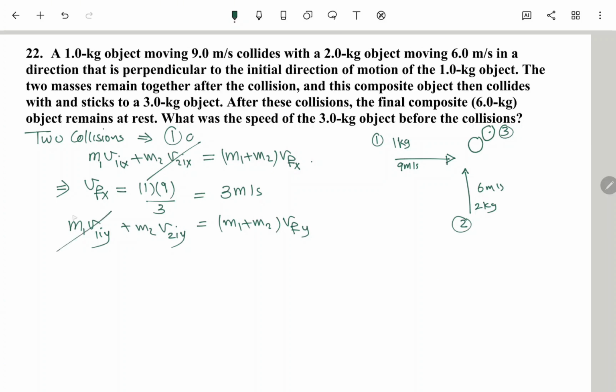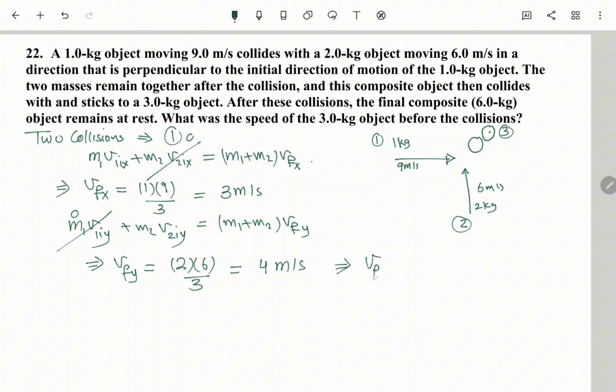Again, this one here is equal to 0, because in the y component, object number 1 has no y component here. You simplify this, and the final y equals 2 times 6 over 3, or equal to 4 meters per second.